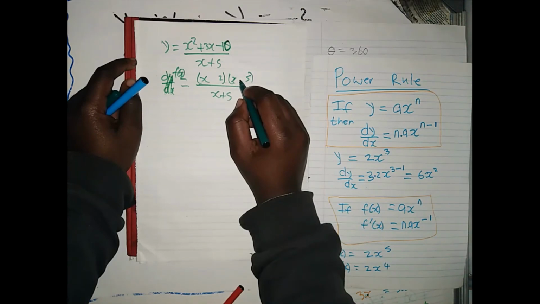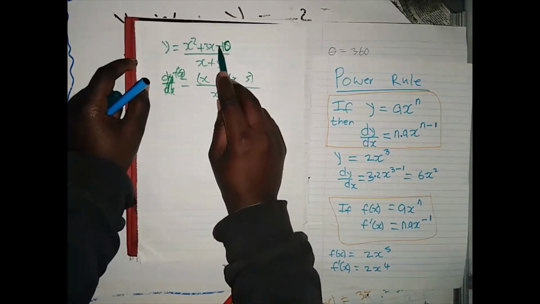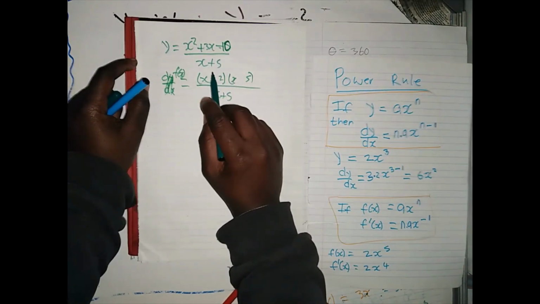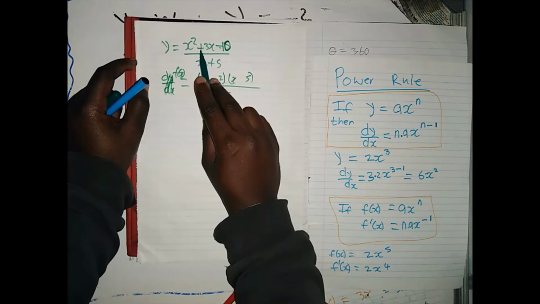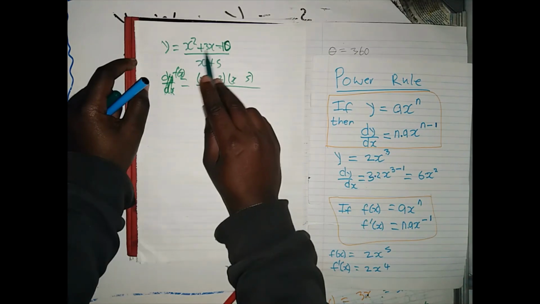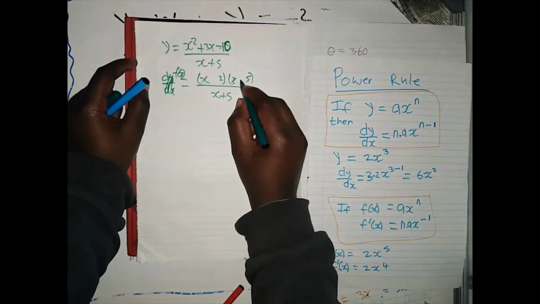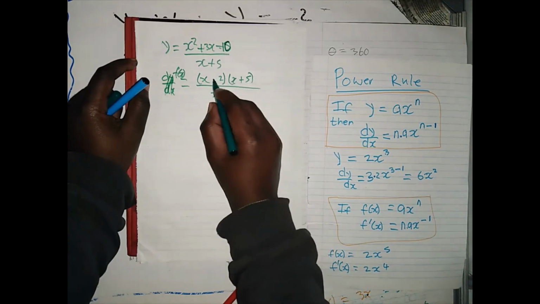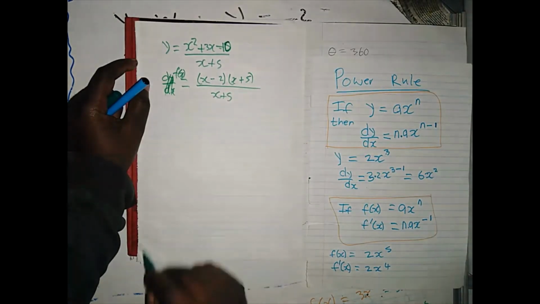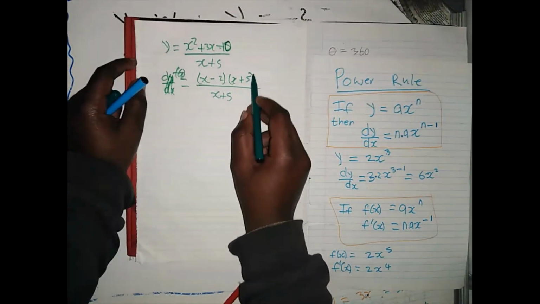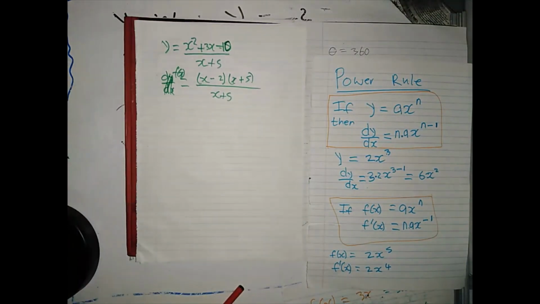This is negative, so it's negative and positive. But because the number in the middle is positive, the positive will need to be here, and then you have minus here. Can you see that? So you end up with something like this.